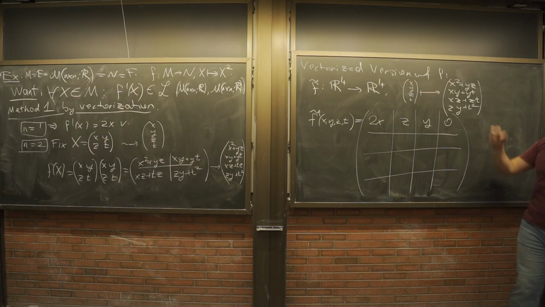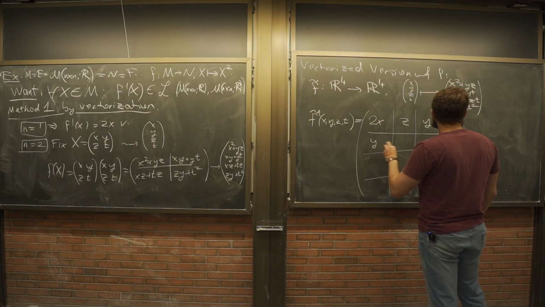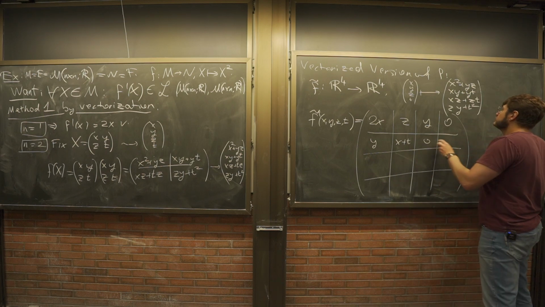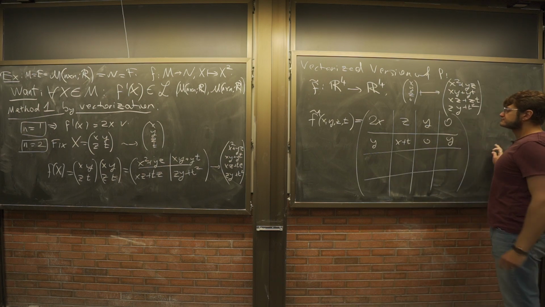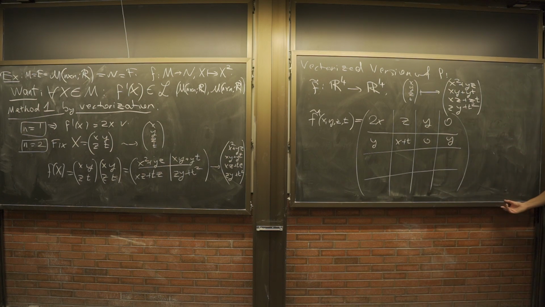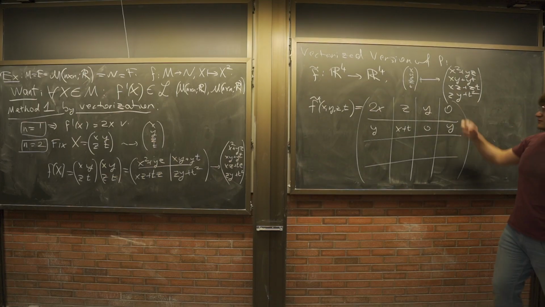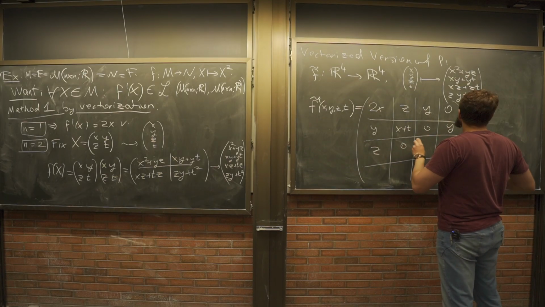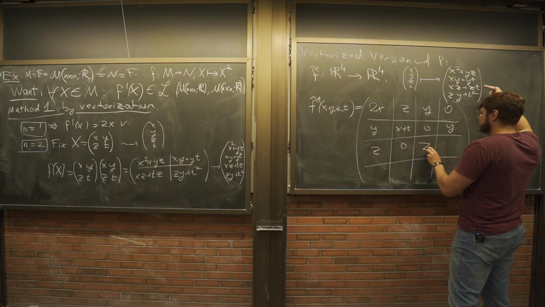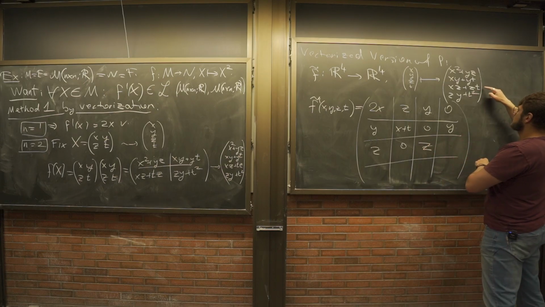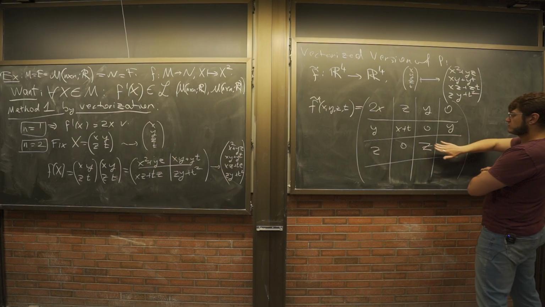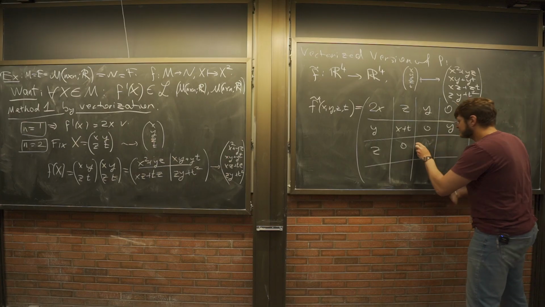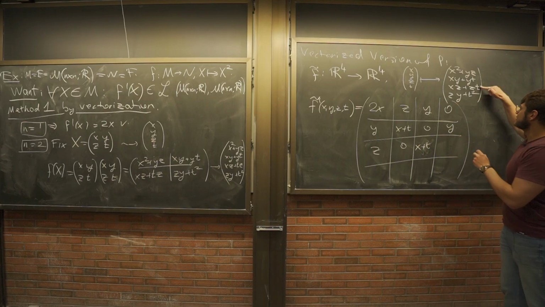OK. Now you take this. X partial is Y. Y partial is X plus T. Z partial is 0. T partial is Y. OK. No, sorry, T, X plus T. This is a Z partial.